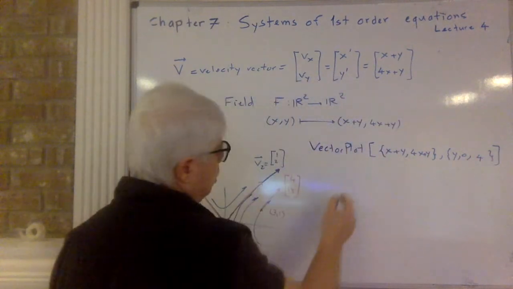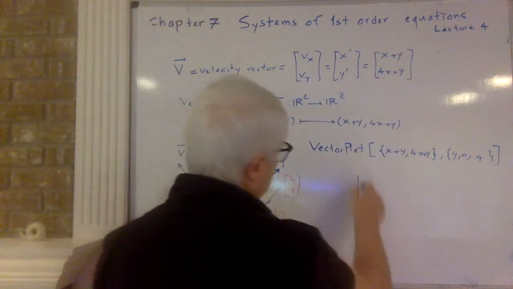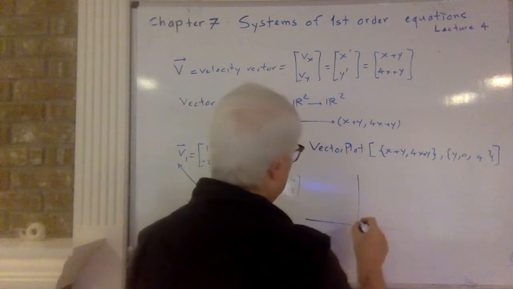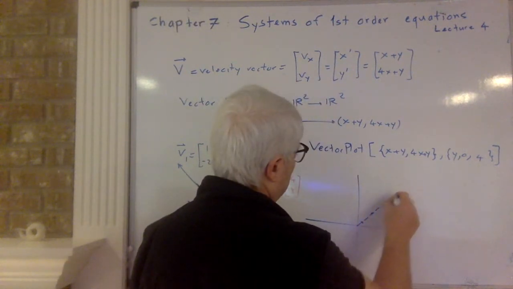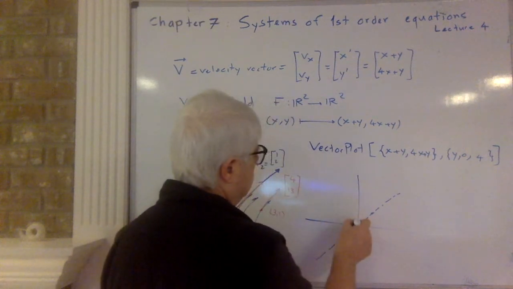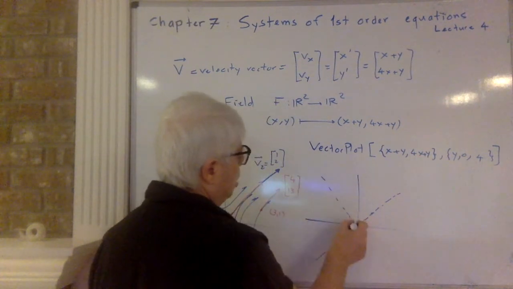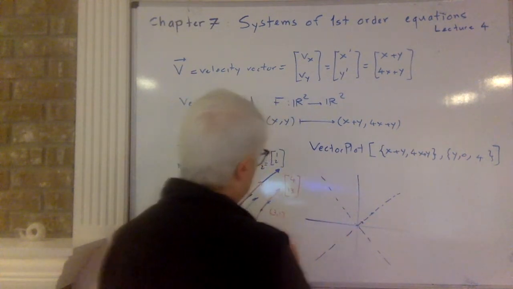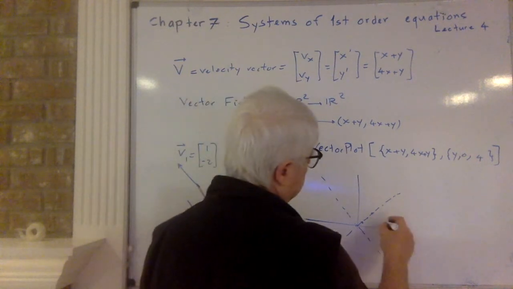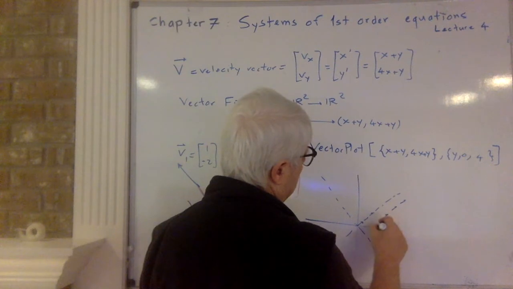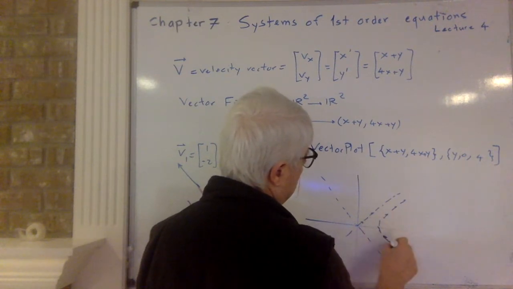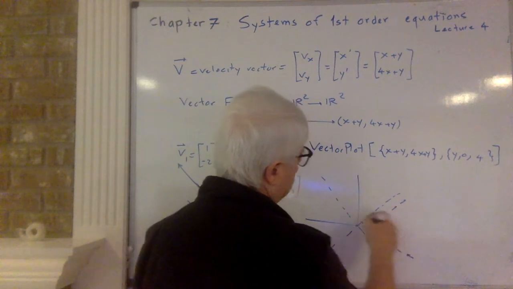And you can see it will give you something like this, and these two lines, not easy to see, and then you will see vectors like this, and so on.